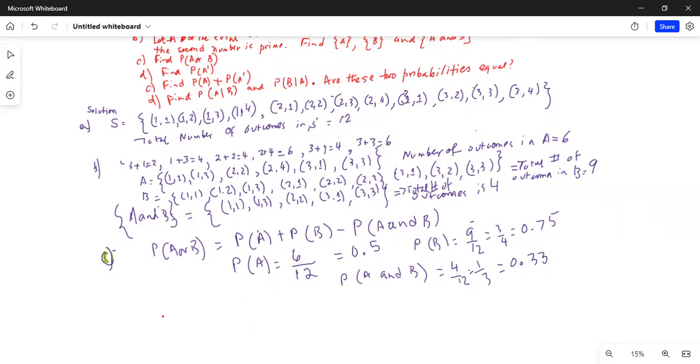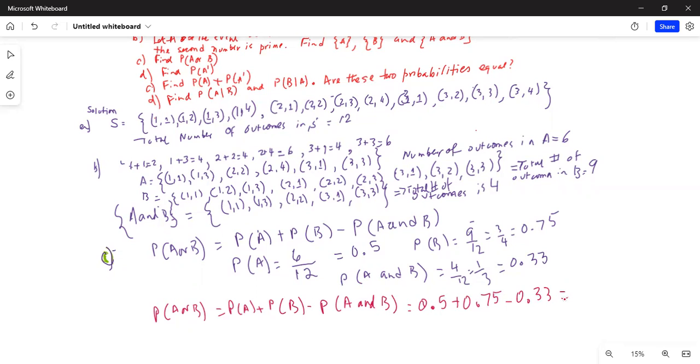So now we are going to find out probability of A or B, which is probability of A plus probability of B minus probability of A and B. That is equal to probability of A is 0.5, probability of B is 0.75 minus 0.33.